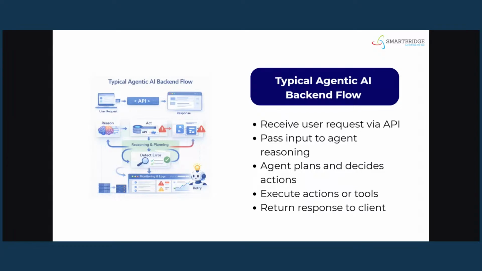Once the agent understands that, it begins reasoning. This is where the agent decides what needs to be done. Maybe it needs to break the task into steps, or fetch information, or use a tool. After reasoning comes planning.